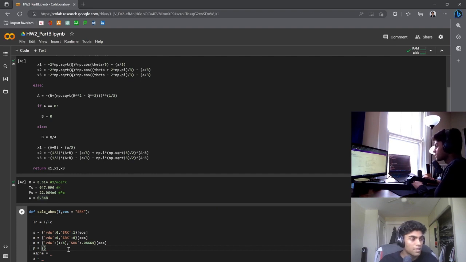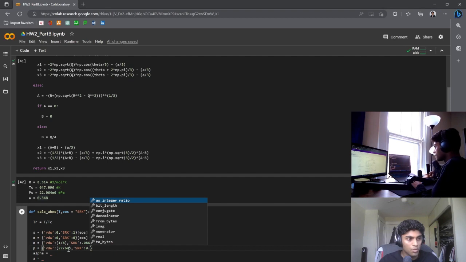For our psi value, for van der Waals, it's going to be 27/64. For SRK, it's going to be 0.42748.